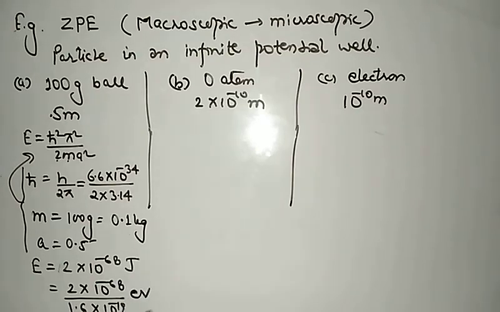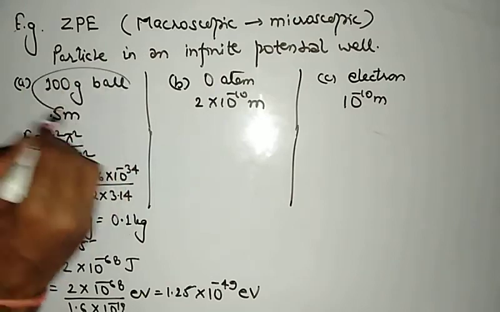This will convert it into electron volt. So that value is 1.25 into 10 power minus 49 electron volt. This is for the macroscopic case.